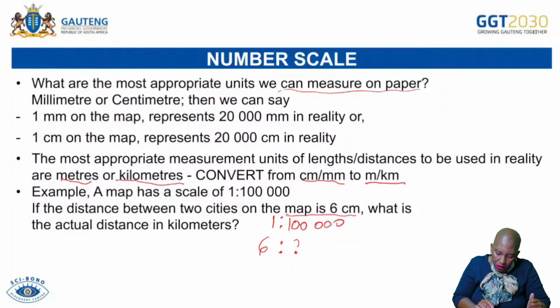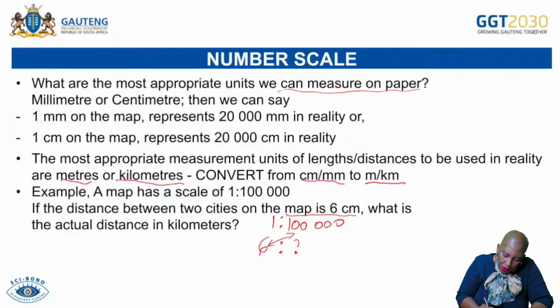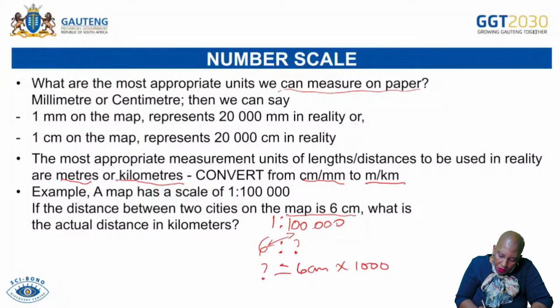Now for us to determine it, we use our Buccaneer method, the cross multiplication method, and we just multiply. The unknown will be equal to 6 centimeters multiplied by what? Remember, we said we don't use any units. Am I correct by writing the units?